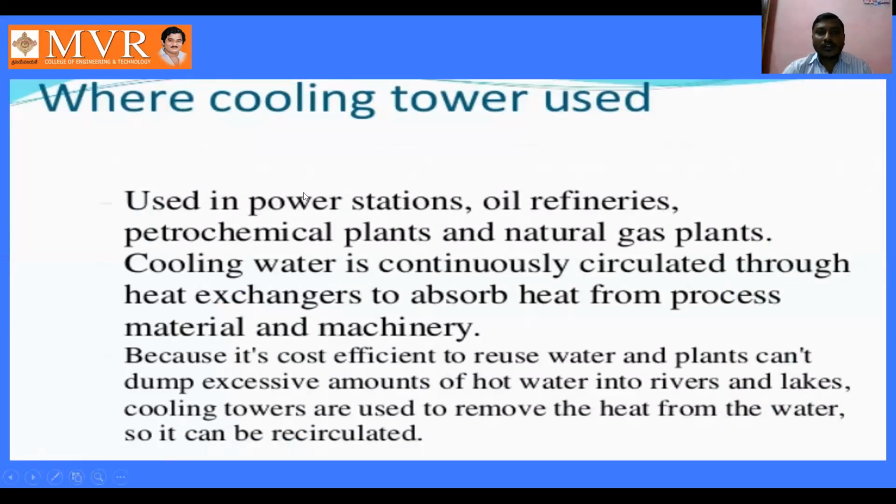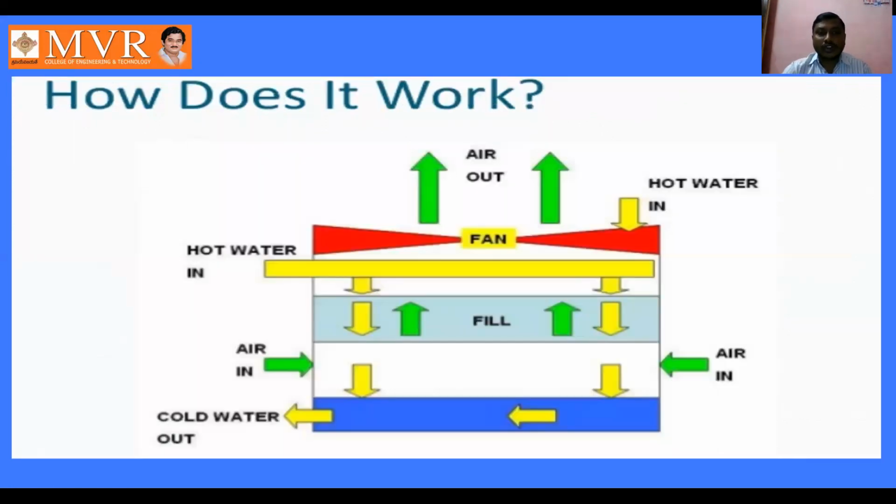Where is a cooling tower used? It is used mostly in power stations, oil refineries, petrochemical plants, and natural gas plants. Cooling water is continuously circulated through heat exchangers to absorb heat from processed materials and machinery. See, this is how it works here.